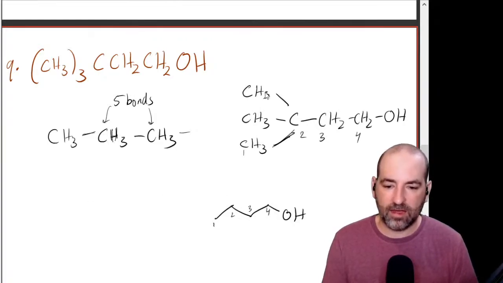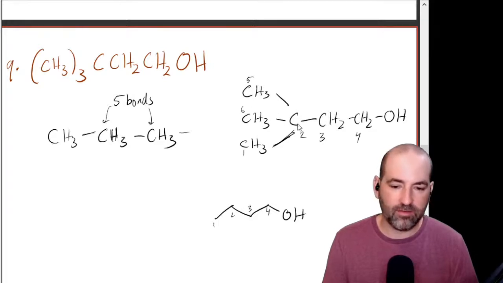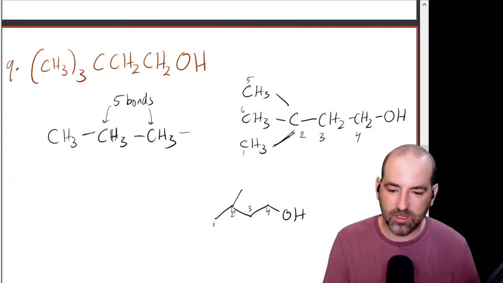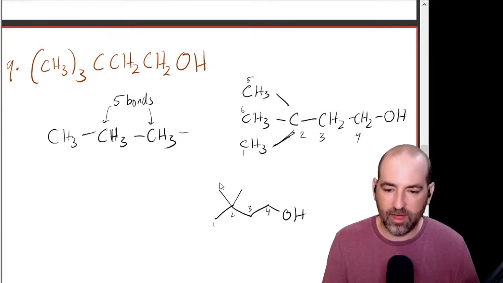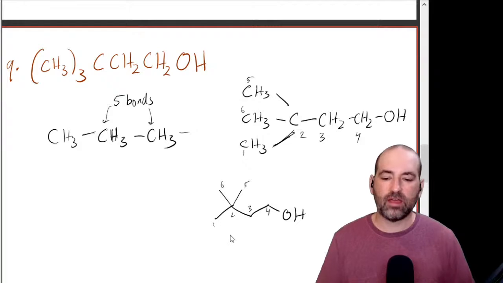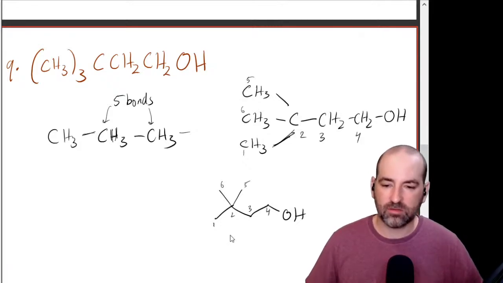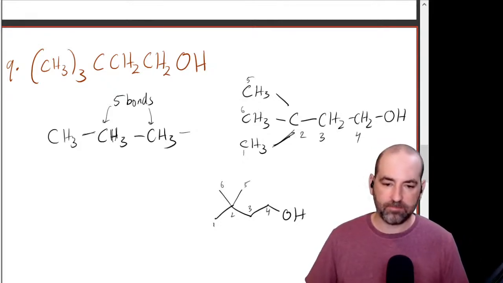And then I've got, we'll call these 5 and 6, coming off of number 2. So they're also connected to number 2. So we can put those up there like that. All right, and now we've got a nice line structure for that.